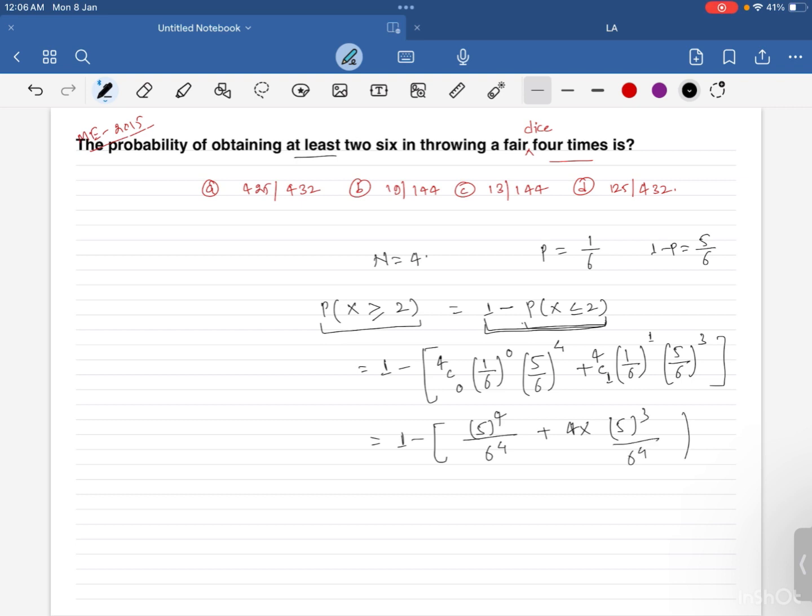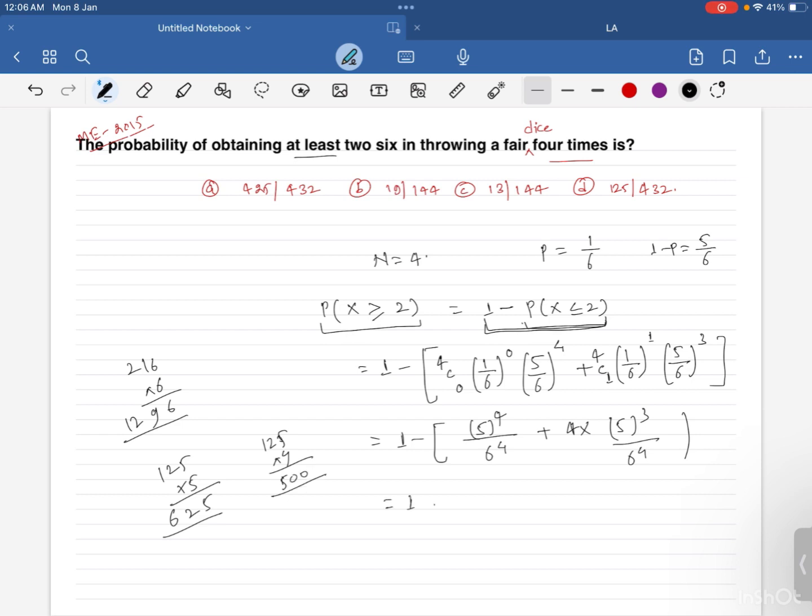So 6 to the power 4 is 1296, and 5 to the power 4 is 625, 5 to the power cube is 125, and 125 into 4 is going to be 500, right?